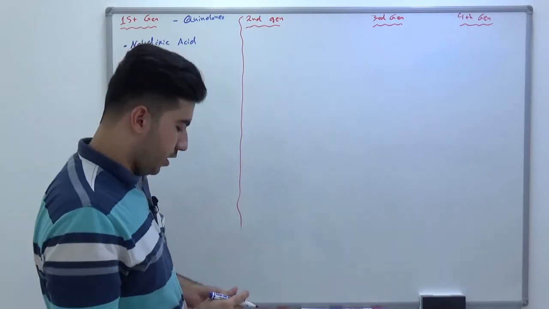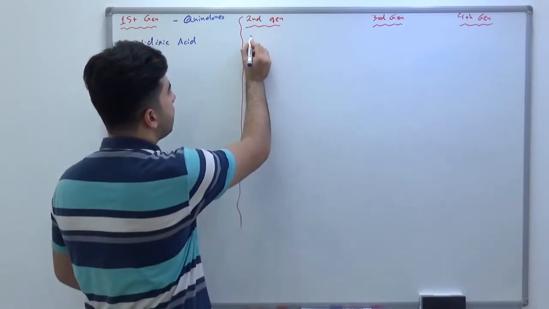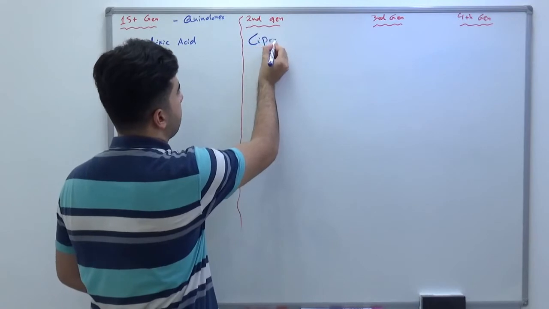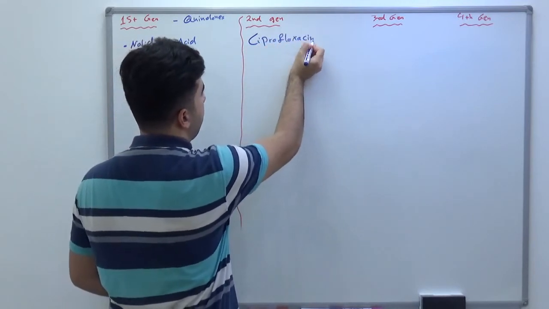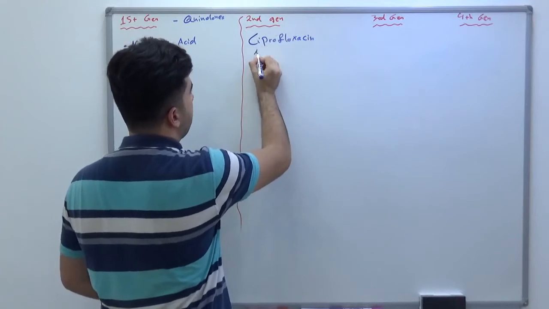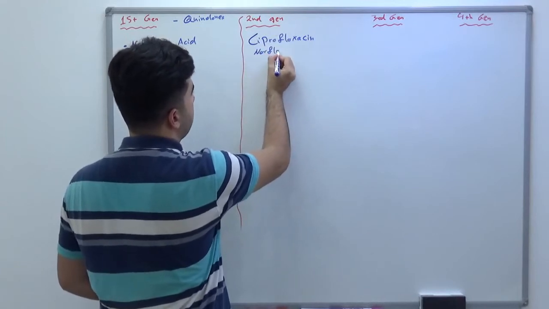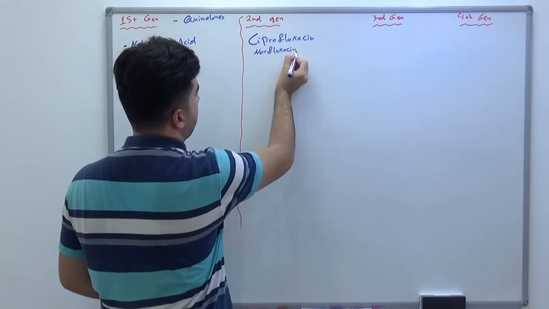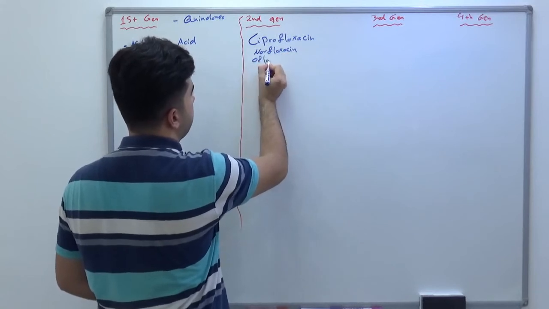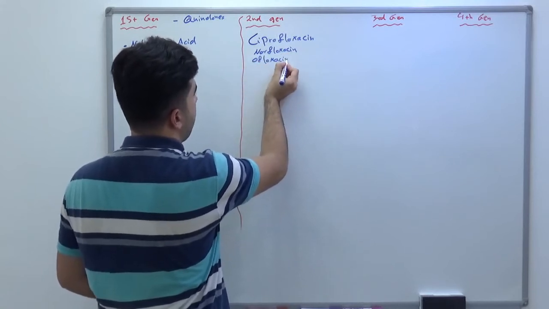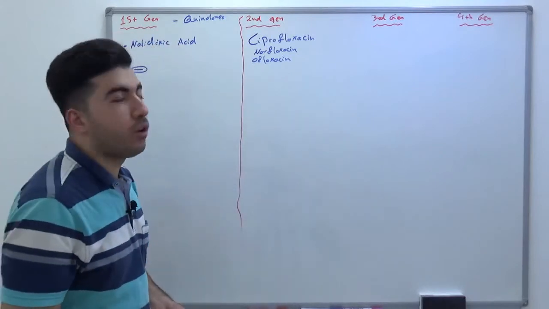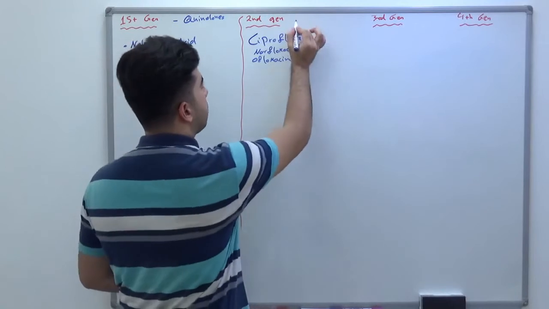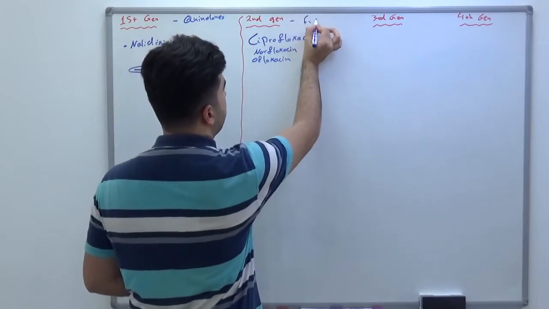Example of the second generation, such as what? Ciprofloxacin. Of course, others such as levofloxacin, moxifloxacin, and many others. Okay, these drugs, which are fluorinated, they should be called what?